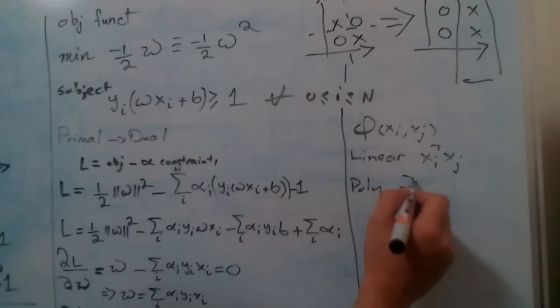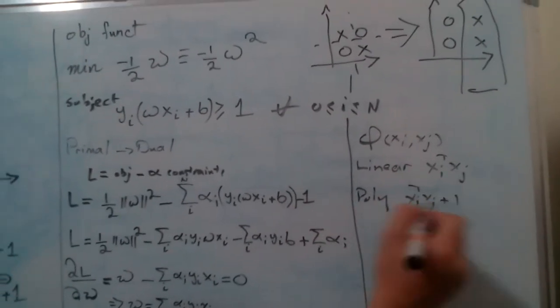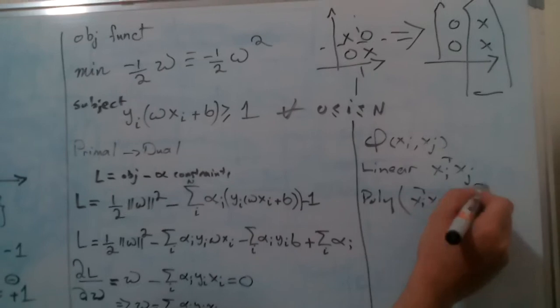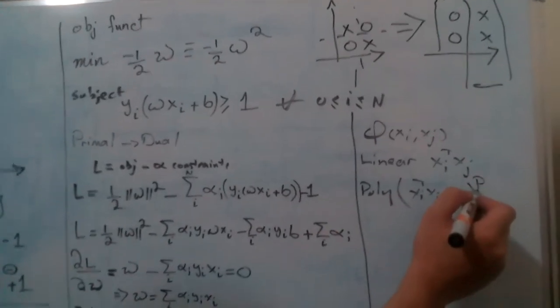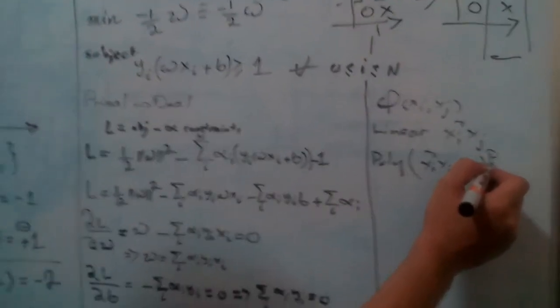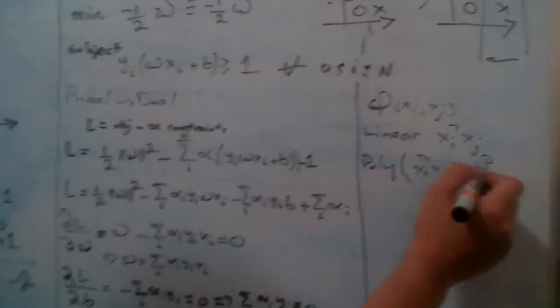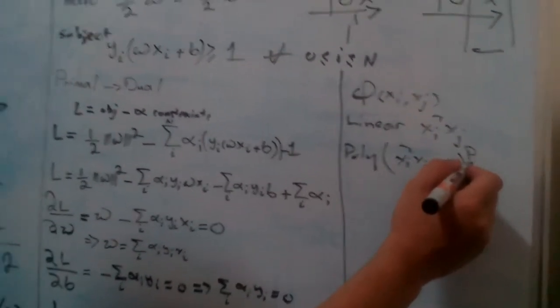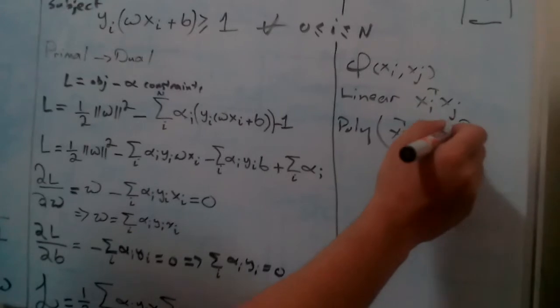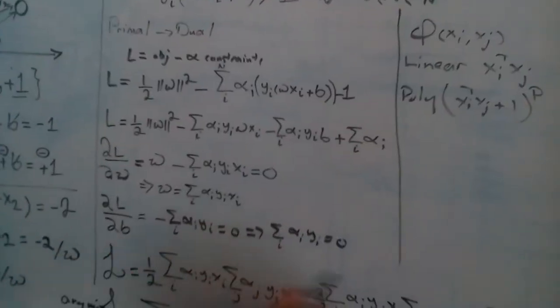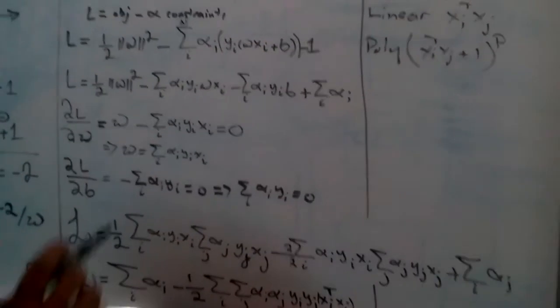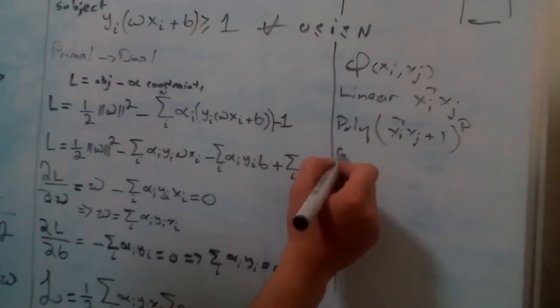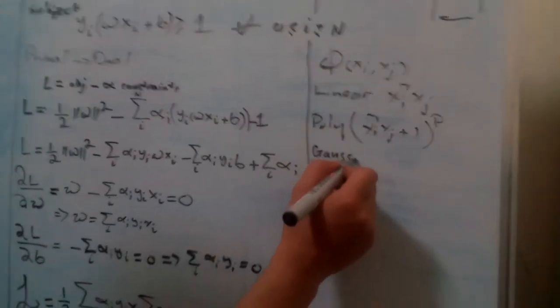That would be xi transpose xj plus 1, to the power p. And p over here is a variable value that we can use as a parameter to fine-tune our quadratic program algorithm, or the solver of the quadratic program. And another one is the Gaussian or the RBF.